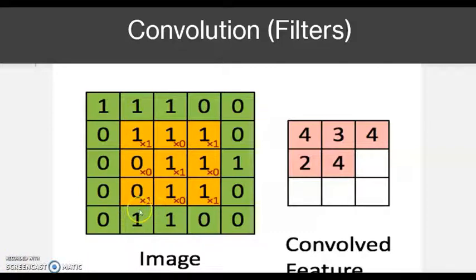So what's the filter? Basically, the filter is an array of numbers, as we see here: 1 0 1 0 1 0 1 0 1. This is the array which represents the filter, and it basically represents the weights or the parameters of the layer.